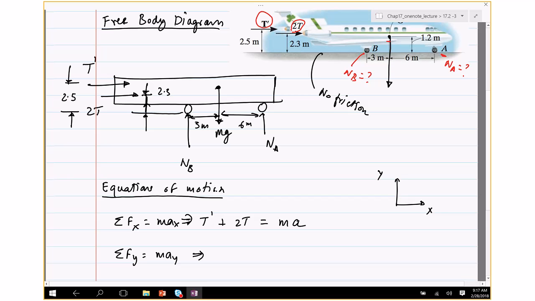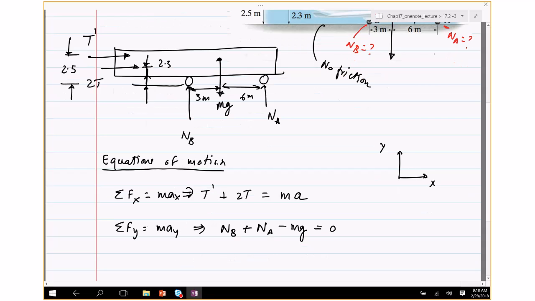So I would have NB, that's positive because it's upwards, NA, which is positive, it's upwards, mg is downwards, equals, so what's the acceleration in the y direction? It's 0, right? The plane is only translating in the x direction. You're not at the point where the plane is flying in the air and accelerating upwards.